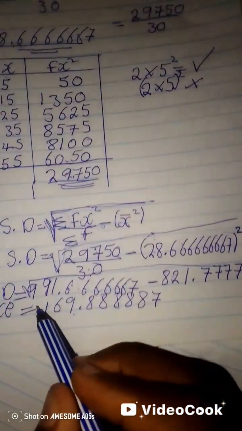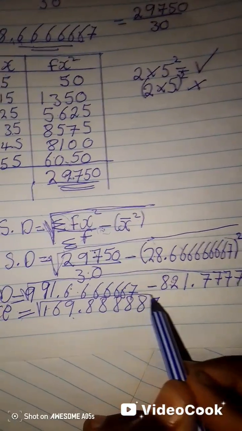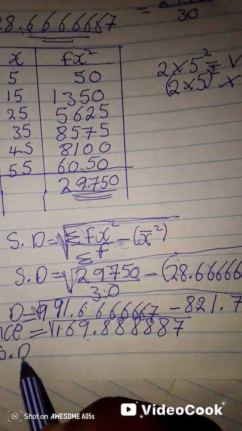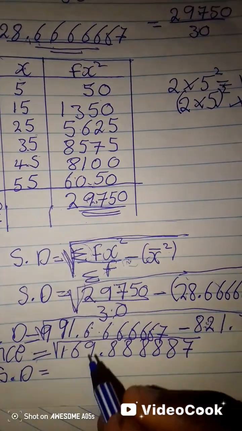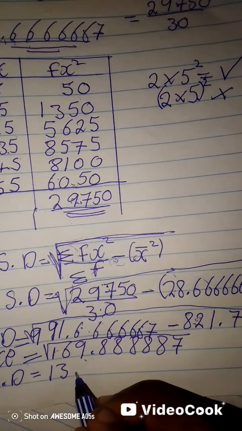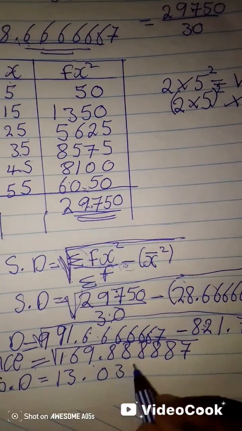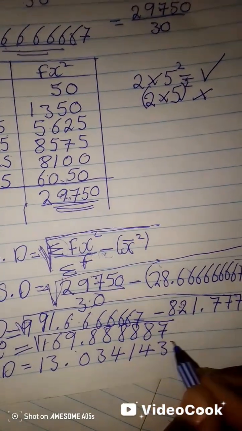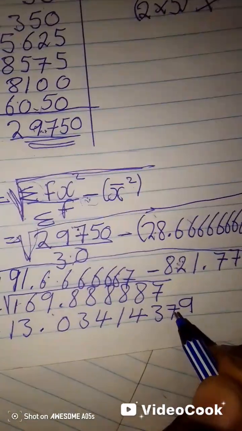So to find the standard deviation, we introduce a square root. When you square root this, you are getting the standard deviation, 13.0314379.